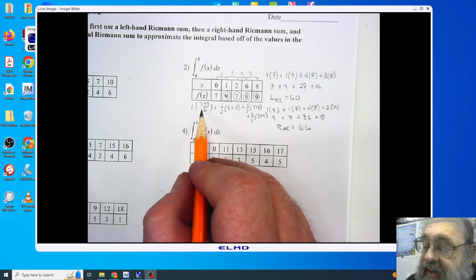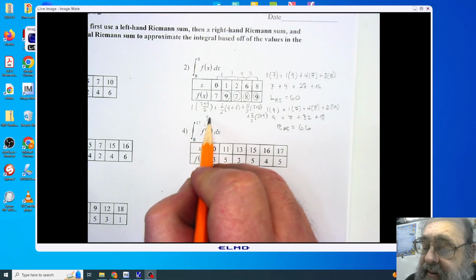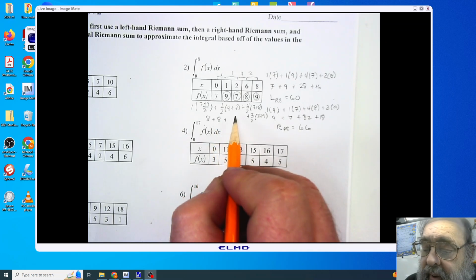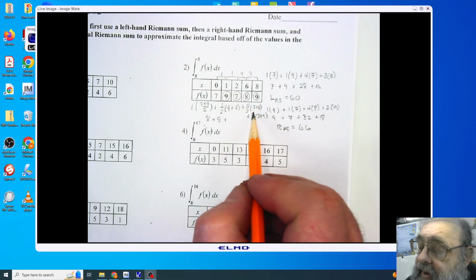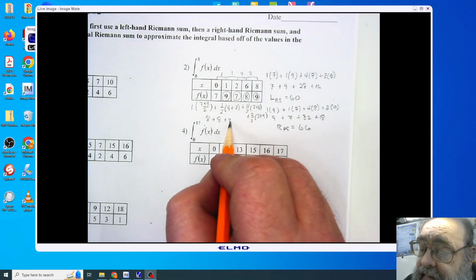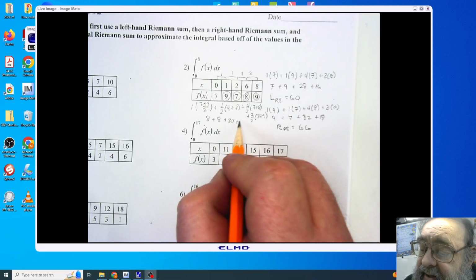We're now going to add these together. Now you'll notice this is 16 divided by 2 is 8, plus 16 divided by 2 is 8, plus, notice that I'm going to get 15, and I'm multiplying by 2, which will be 30, and then I'm adding 17.